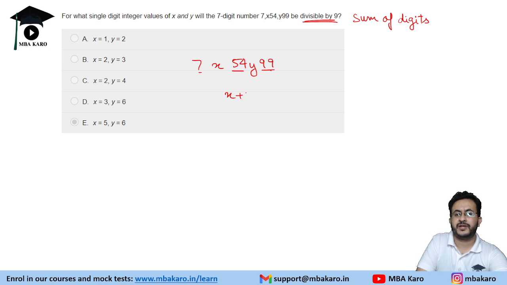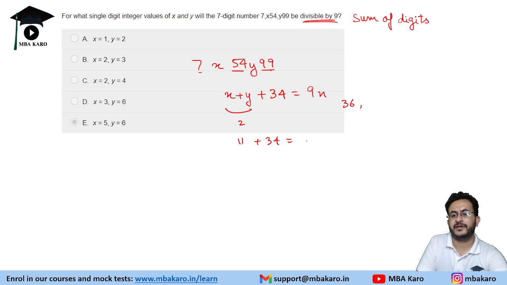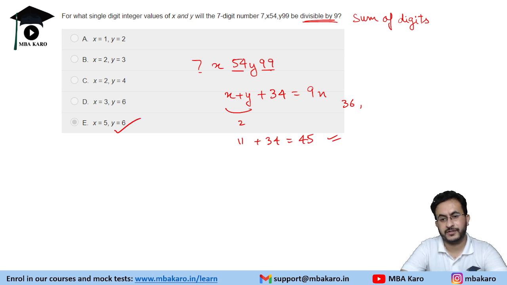So, x plus y plus 34 should be a multiple of 9. Okay. So, if you look at the options, either x plus y should be 2 because 36 is divisible by 9. But none of the options make it. So, next value is 11. 11 plus 34 is 45, which is divisible by 9. So this is the only option which fits here.